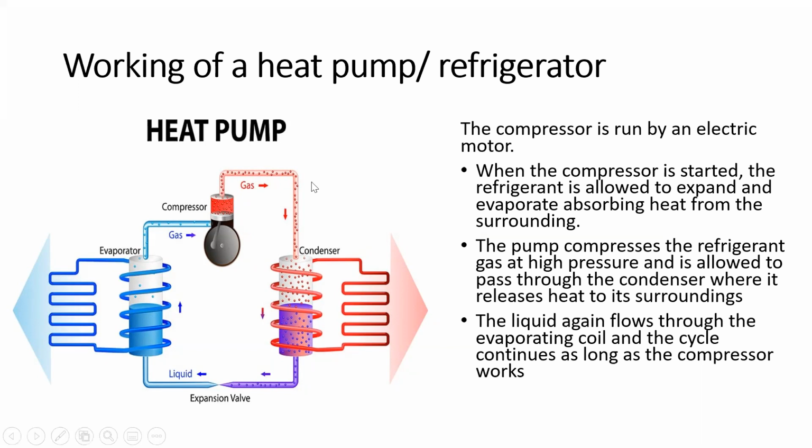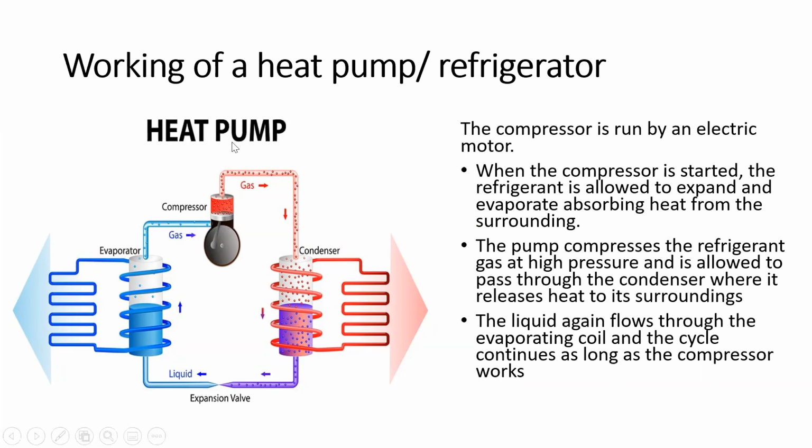So here, the refrigerant evaporates, absorbing heat from the surroundings, which is already cold. The refrigerant will evaporate and the gas is now taken through this coil to the compressor. What is meant by compressor? It compresses the gas.